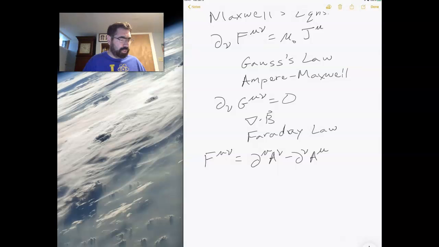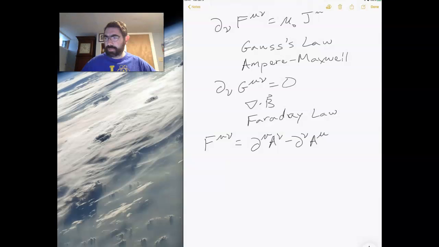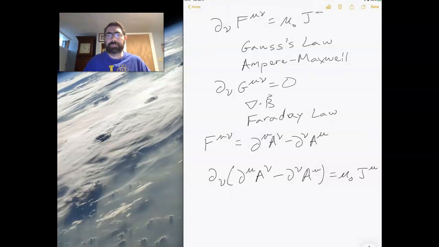To do that, I could combine this, where I would write the divergence of our terms is equal to mu0 times the current density.